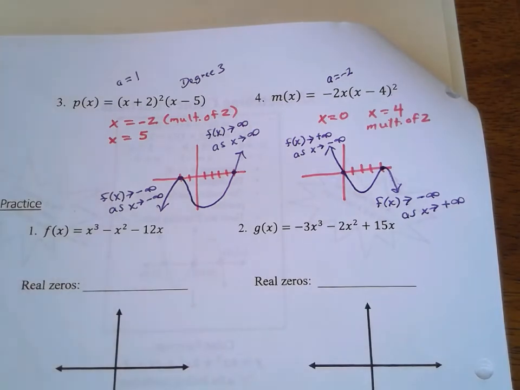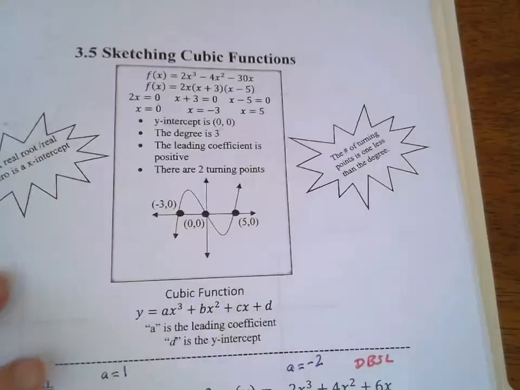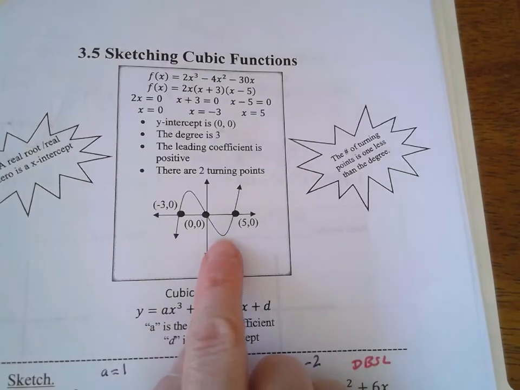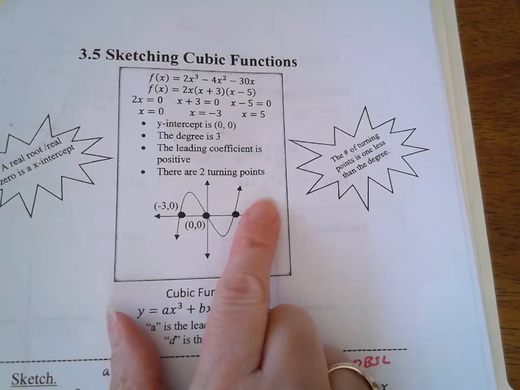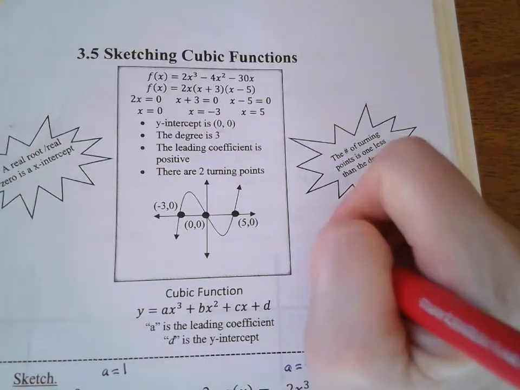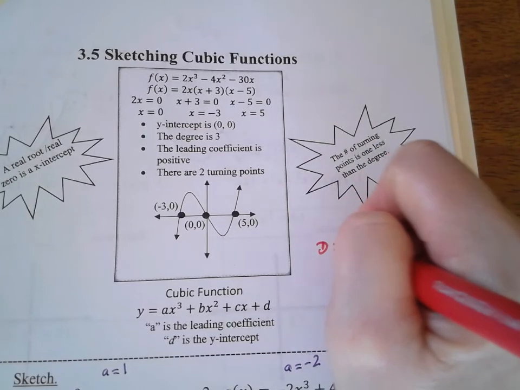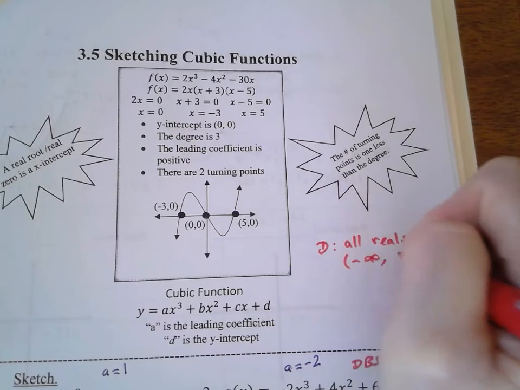Now, let me go back and talk about domain and range. And domain and range, it doesn't matter if it is start low, finish high, cubic function, or the opposite. It makes no difference. The domain will always be all reals, which again we know can be negative infinity to positive infinity.